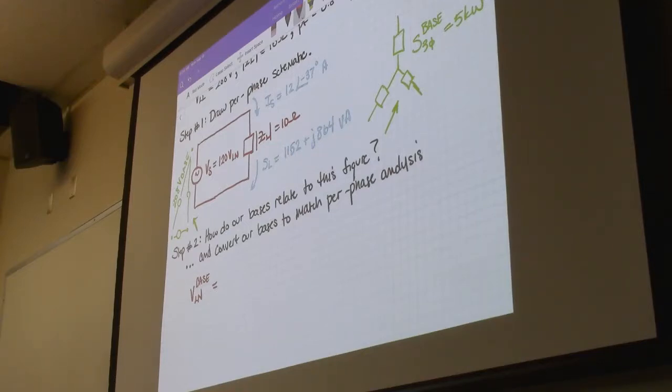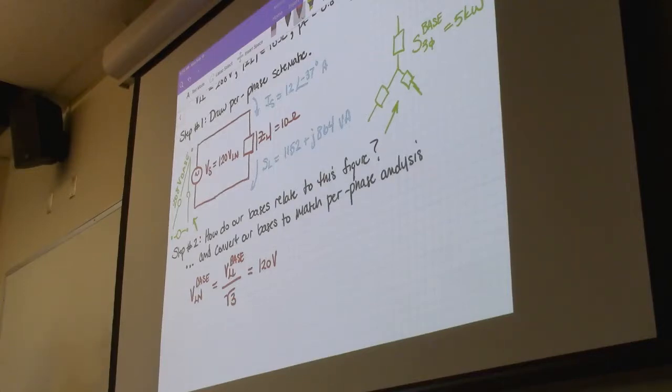It's the same conversion, yep. 208 divided by root 3. Exactly. Voltage line to line base divided by the square root of 3, which will give us 120 volts. For our power base, in per phase analysis, we're only dealing with one of three phases.